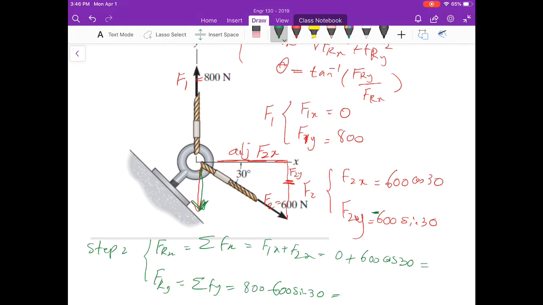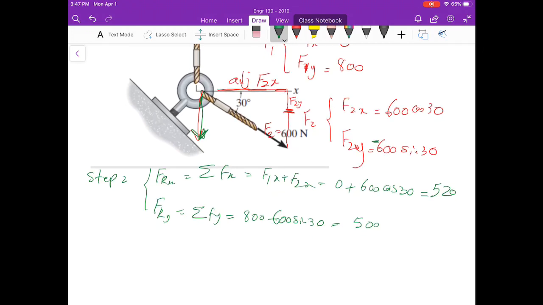If you calculate this, 800 minus almost 300, you get 500 here. And then 600 cosine of 30, putting it in the calculator, I get 519, almost 520.